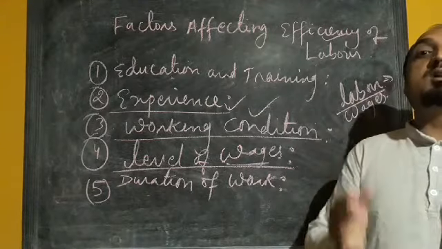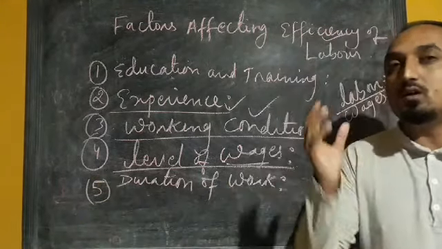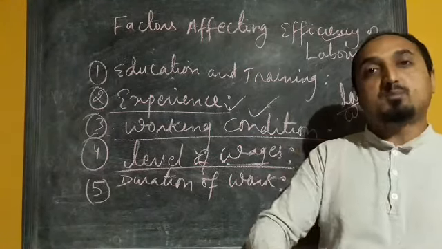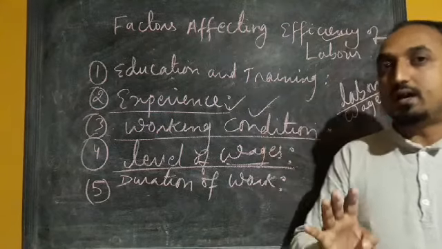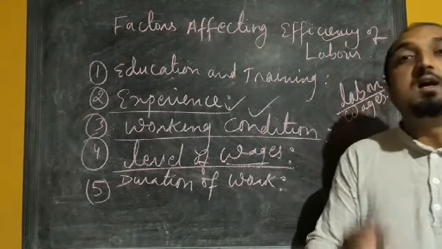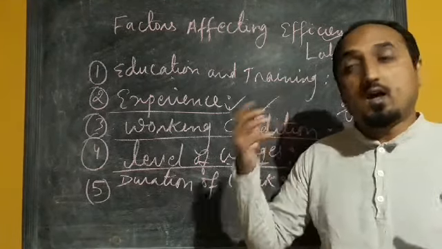That's why the working hour has been reduced to 8 hours. In any organization, the maximum time period that you have to work is 8 hours. That is the duration decided by the government, so that labor will not get tired and it will not hamper his efficiency.